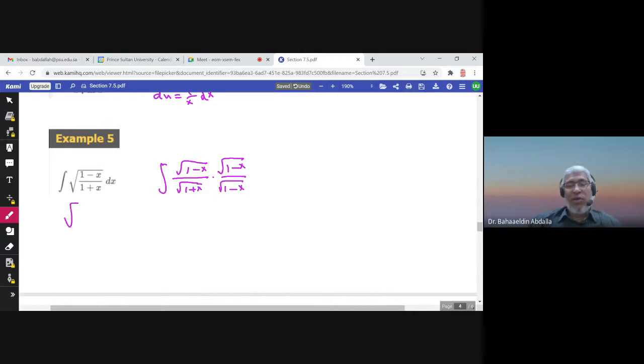Or, I mean, you multiply by the conjugate of 1 plus x in the denominator, so 1 minus x over 1 minus x. It's the same, this one or this one. So I will have here 1 minus x times 1 minus x under the square roots. So I'll have 1 minus x in the numerator, and here the square root of 1 minus x squared.